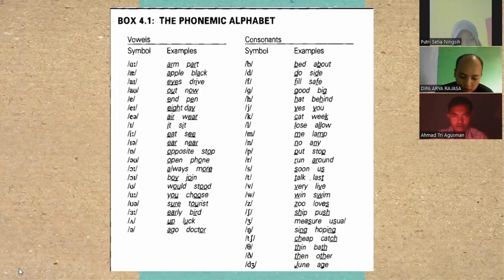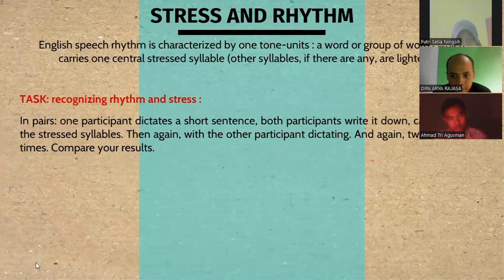So move on to rhythm and stress. English speech rhythm is characterized by one-tone units, a word or group of words which carries one central stressed syllable. Other syllables, if there are any, are latent.